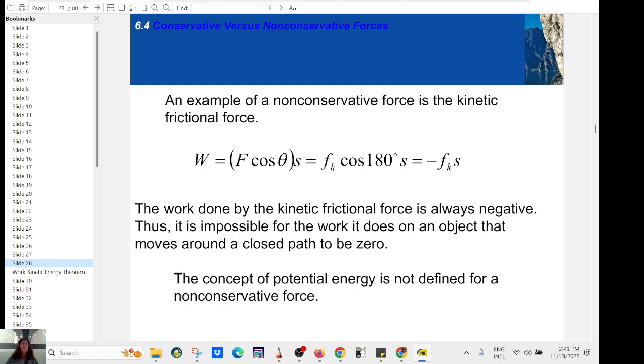Okay, now, friction is a non-conservative force because it does matter what's going on between initial and final. What I mean by that is, if I put my bag from here to there, I'm going to lose energy to friction.